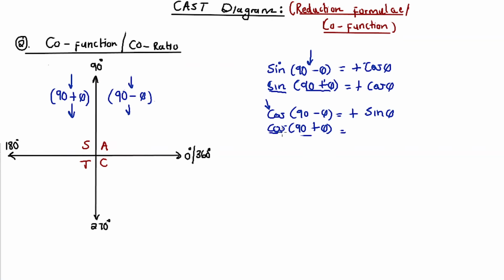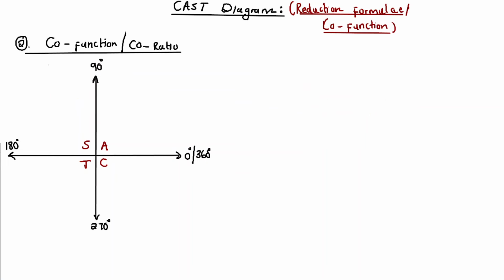And cos in the second quadrant is negative. So it's going to be a minus, since we are dealing with a co-function. The co-function for cos is sine. So it's going to be a minus sine theta. So this is how we deal with co-functions.